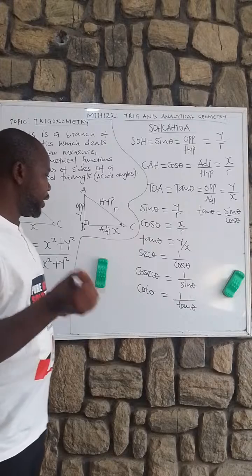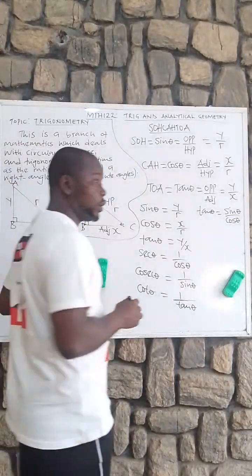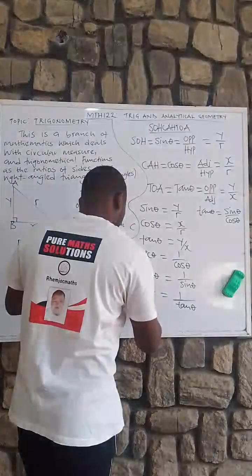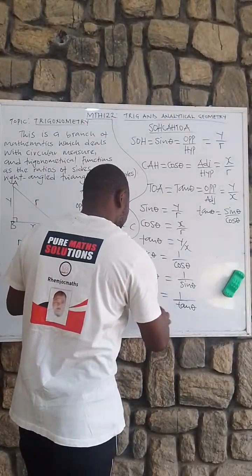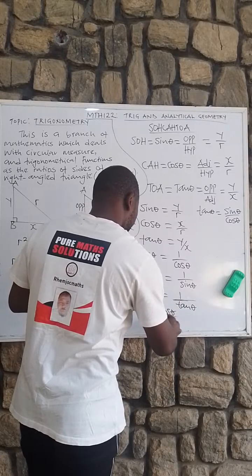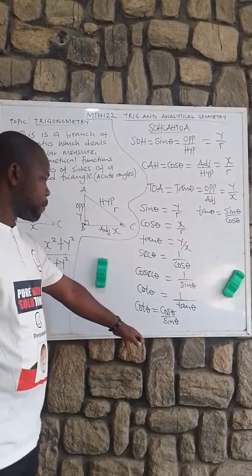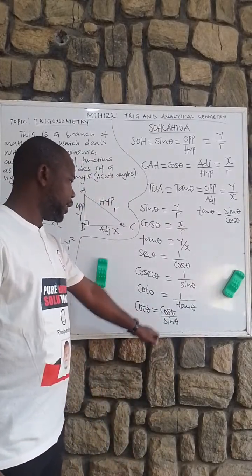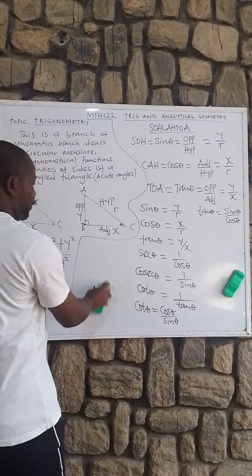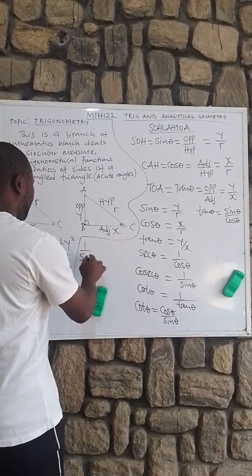Then likewise, cot theta is equal to cos theta all over sin theta. That is tan inverse. Yeah, tan inverse. Please, if you come across something of this form, don't get confused.